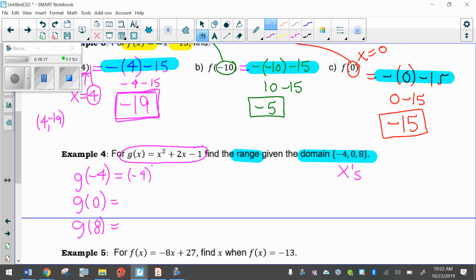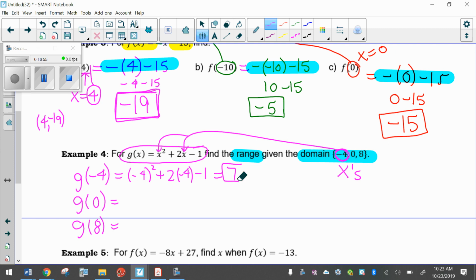That negative 4 in parentheses squared on the outside plus 2, fill in the negative 4 again, minus 1. What did I just do? Took this negative 4, put it in here and here. There's 2 x's in the equation. It goes into both spots. So then again, you can put it in your calculator or you can do it piece by piece, whichever you're comfortable with. So that would be, let's see, 16 minus 8 is 8 minus 1, which is 7.